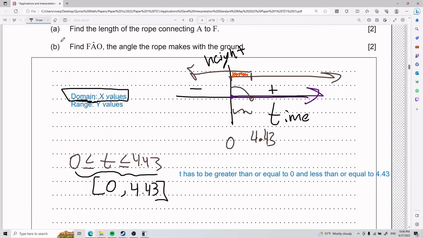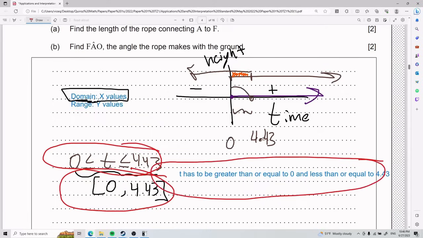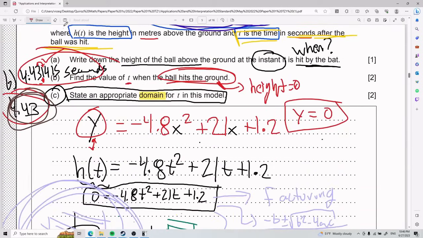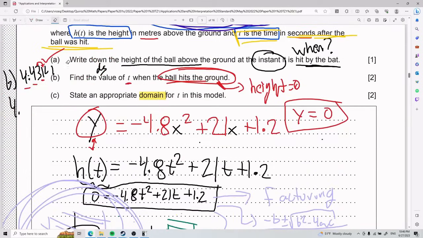These three ways that I just wrote it out are all super valid. They will all score the maximum amount of points. And that would be part C. Before we move on to the next problem, a quick hint that applies for everything. Notice, for part C, we needed to state an appropriate domain for T in this model.